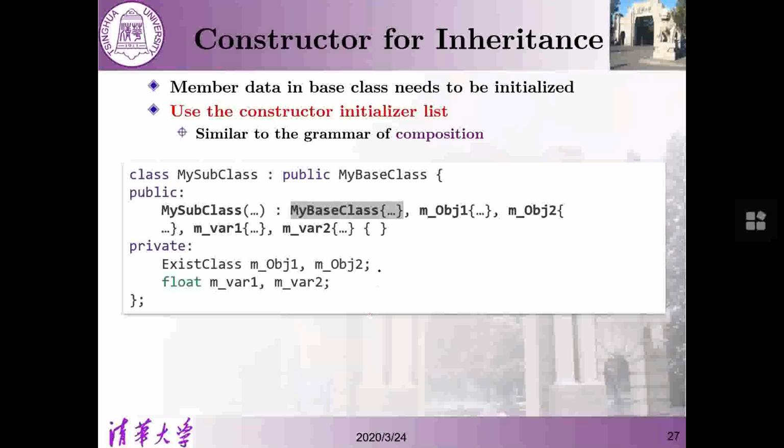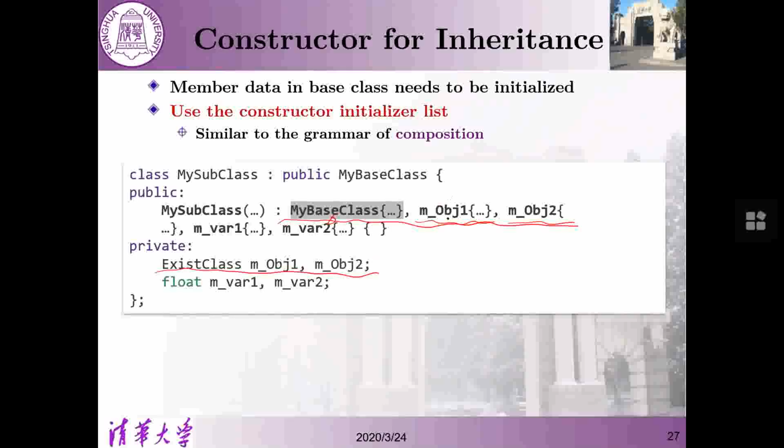And then here are some grammars on constructors in inheritance. Similar to composition, we can call the base class constructor in this way. And these are the ways to call the constructors of the member objects, right?